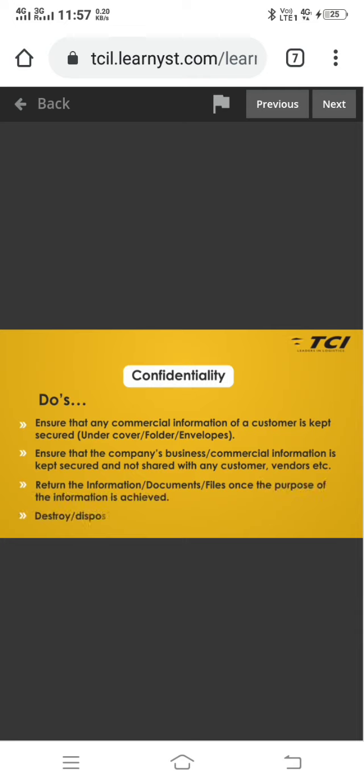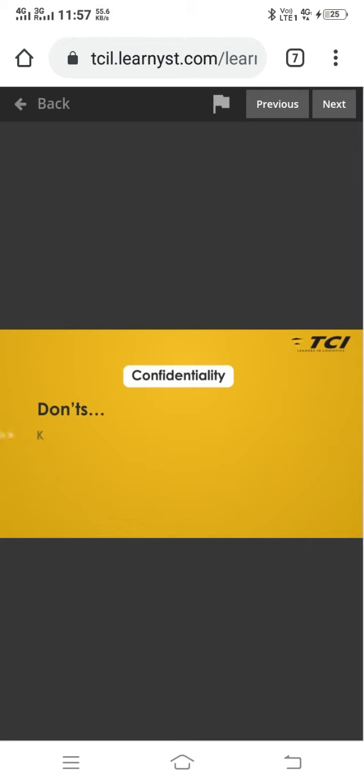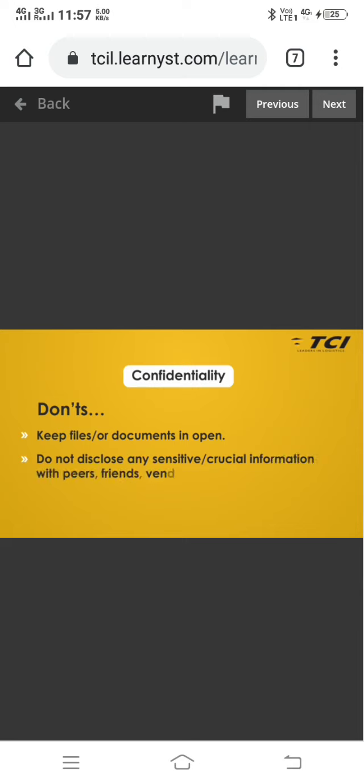Destroy or dispose the copy of information properly. Don'ts: keep files or documents in open. Do not disclose any sensitive or crucial information with peers, friends, vendors, customers, etc.